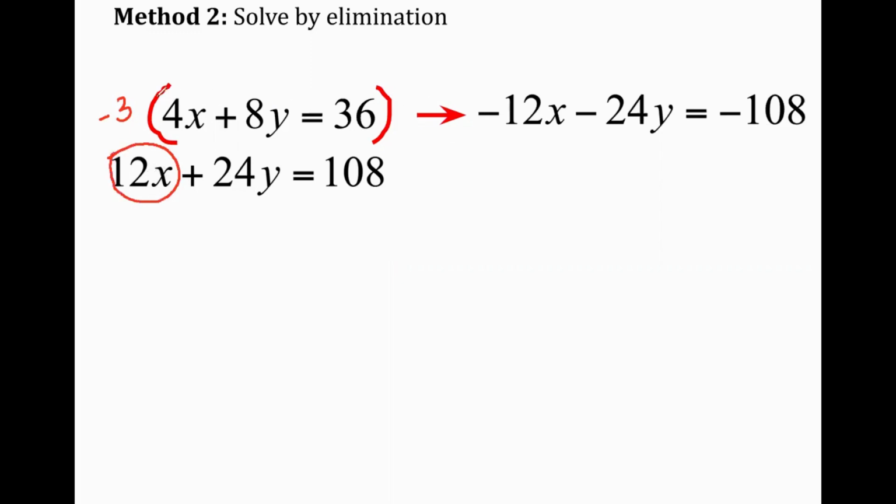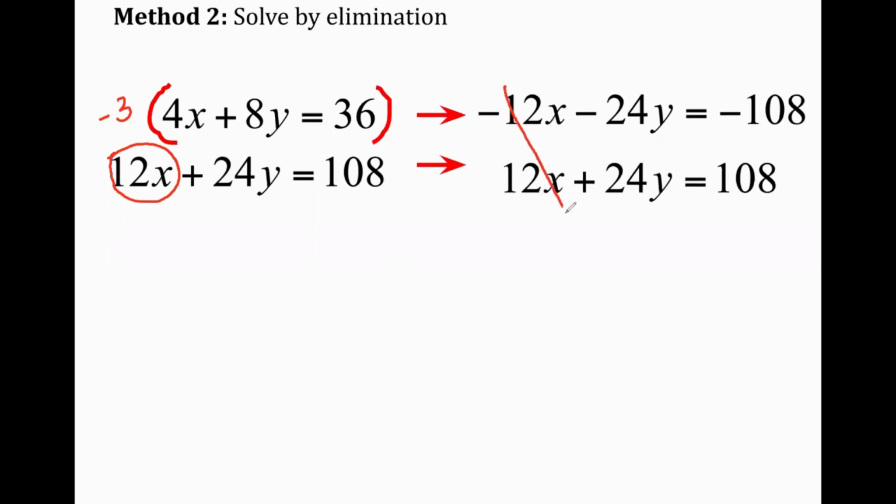And if I were to multiply the entire equation by -3, make sure again that whenever you're using elimination, you're multiplying the entire thing. You would get -12x minus 24y equals -108. And now you can go ahead and write your other equation. And now you can do your elimination.